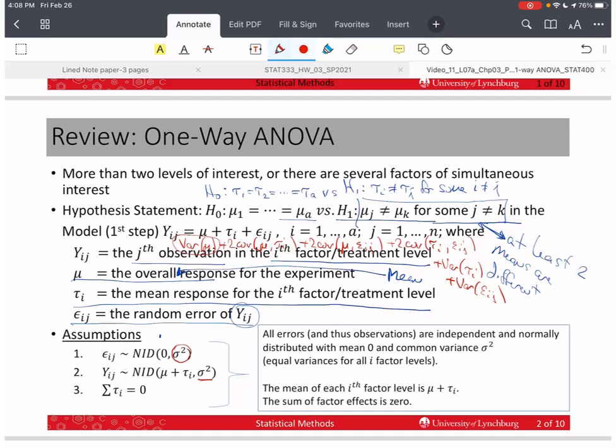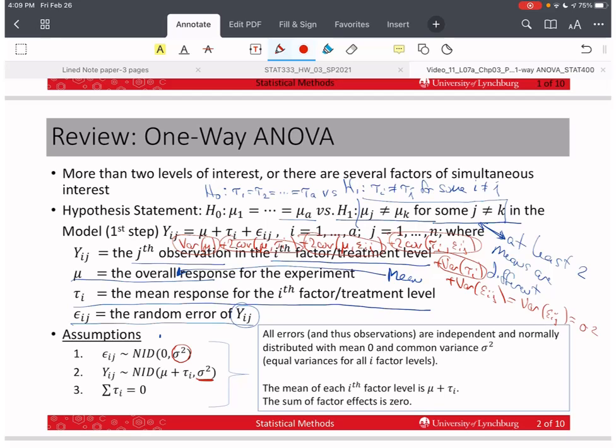So the variance of mu is 0. The covariance of mu with tau i, they're both constant, 0. Mu with epsilon ij, mu's a constant, so that's 0. Tau i is a constant, so this is 0. Tau i is a constant, this is 0. So you're just left with the variance of epsilon ij, which is sigma squared. So that is how we get this variance.